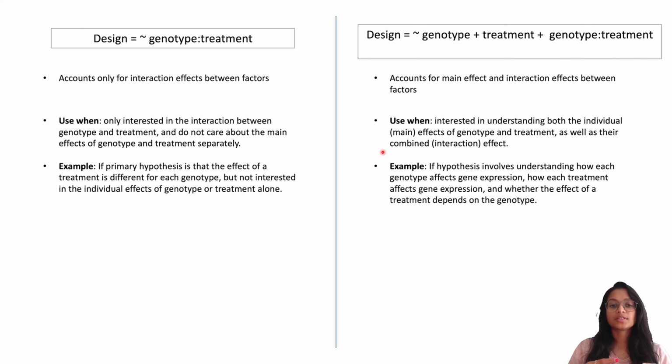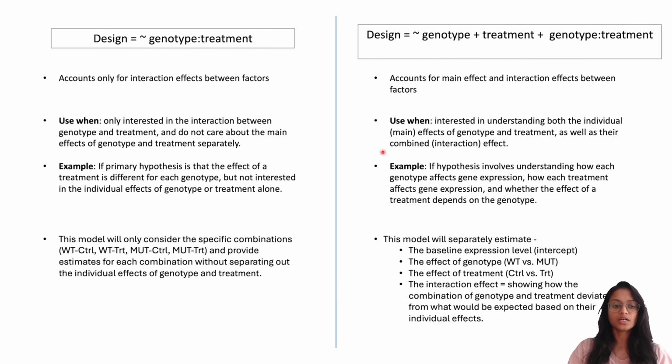So if the hypothesis involves understanding how each genotype affects the gene expression, how each treatment affects the gene expression, and whether the effect of the treatment depends on the genotype. So in this case, the model will only consider the specific combination and provide estimates of each combination without separating out the individual effects of genotype and treatment.